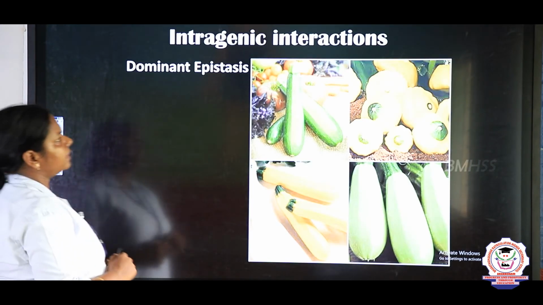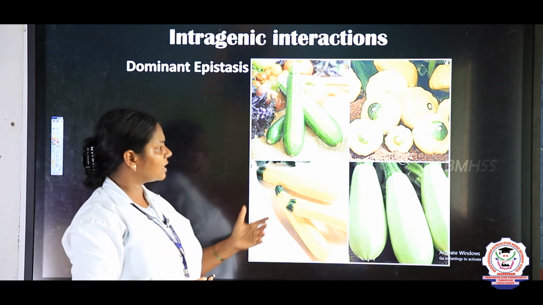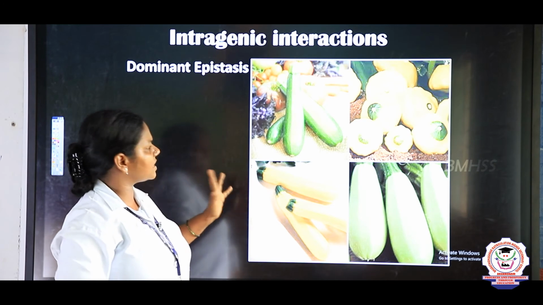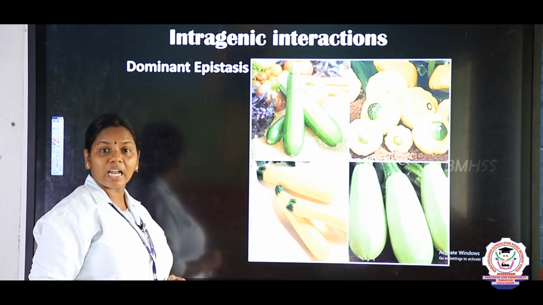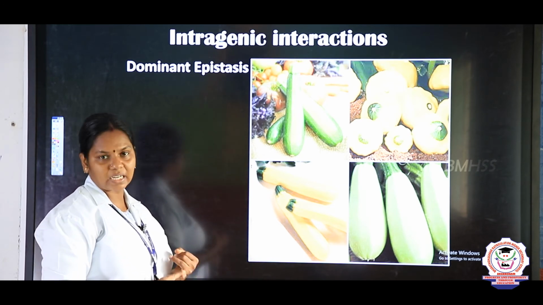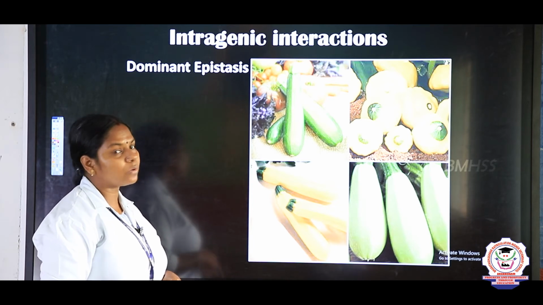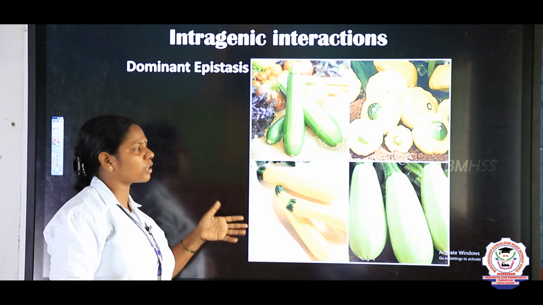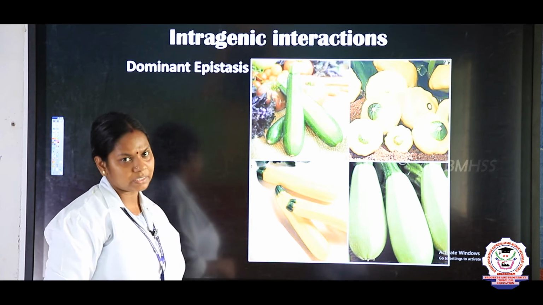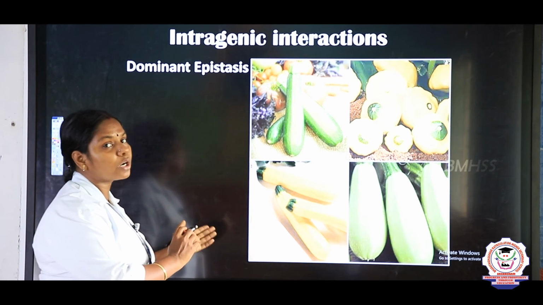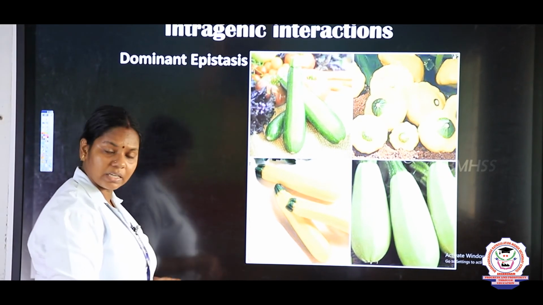What is this, children? Yes, it is a summer squash. Summer squash occurs in three different colors: white, yellow and green. Now we can see how the cross takes place between them. Here the genes are located in different locations.